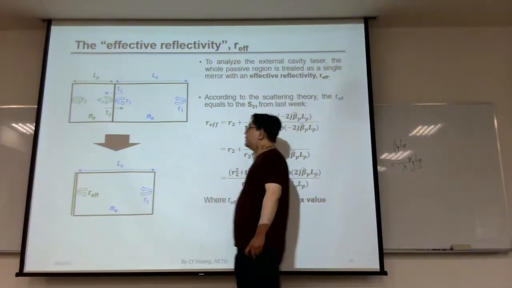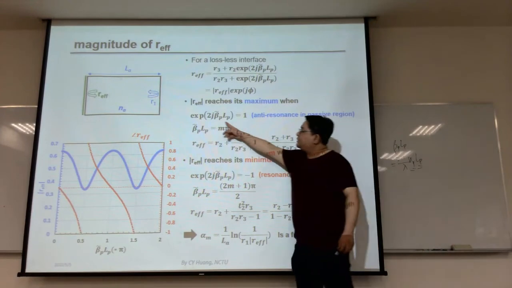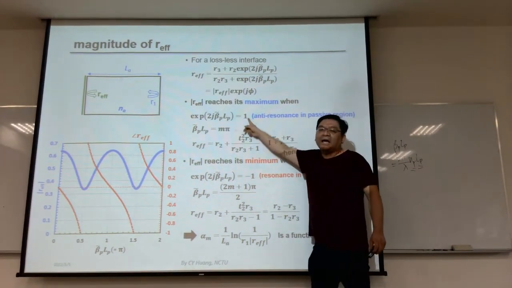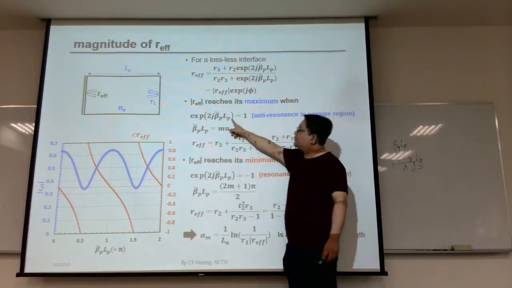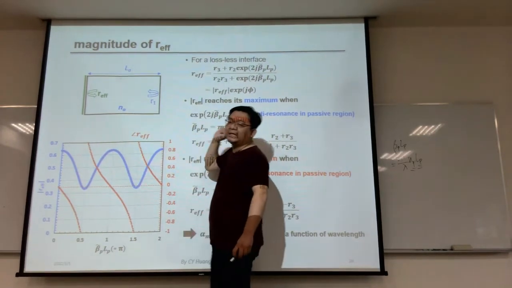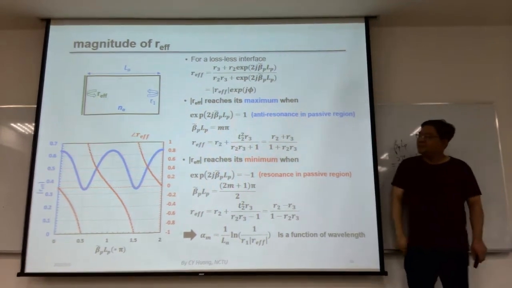So you may find it weird why exponential 2j beta_p L_p equal to 1 becomes anti-resonant. It is not a typo. That's because it is 1, but with a reflection in the NP, it is anti-resonance for the passive region.